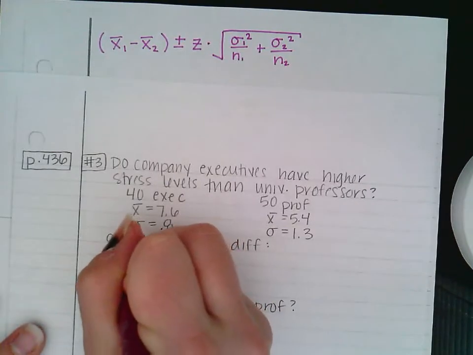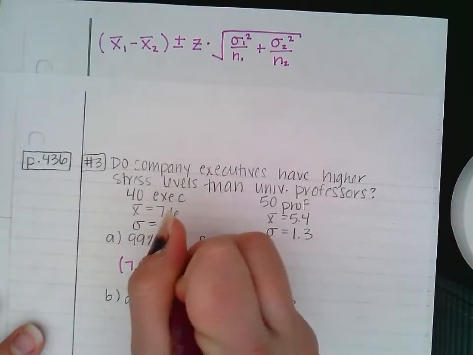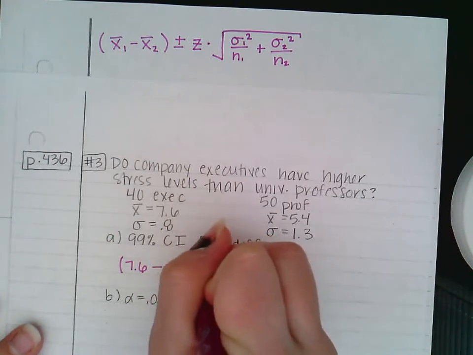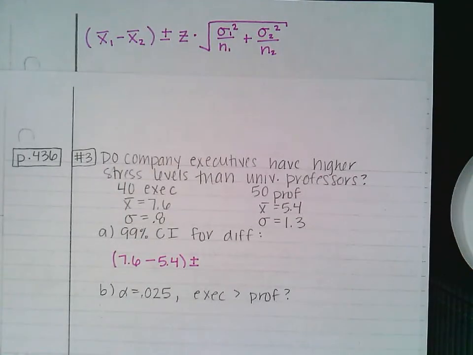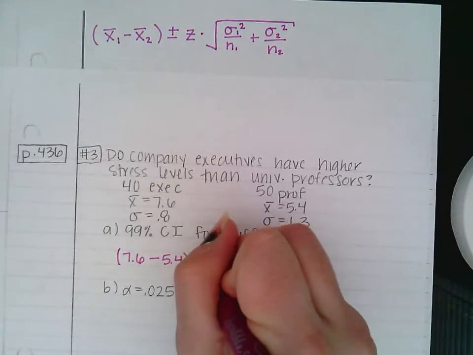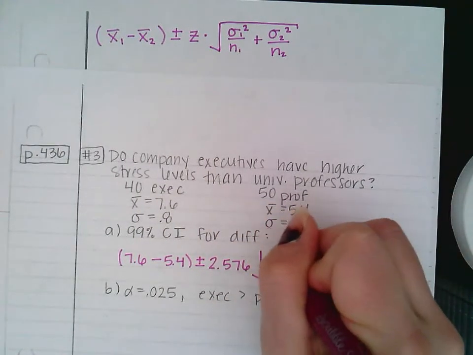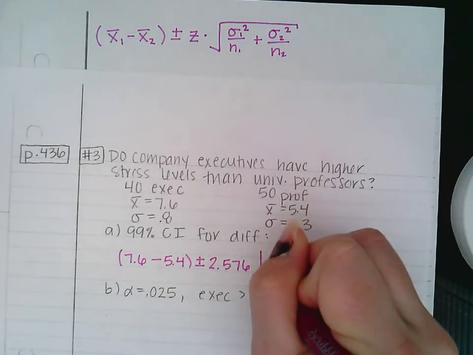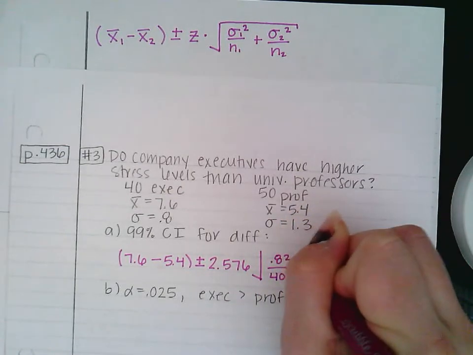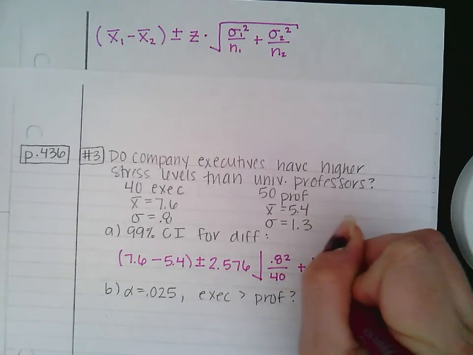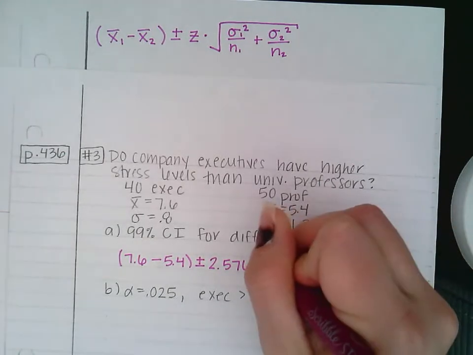So we would have 7.6 minus 5.4 plus or minus the critical value for 99%, which is 2.576, times the square root of 0.8 squared over n1 plus 1.3 squared over n2.